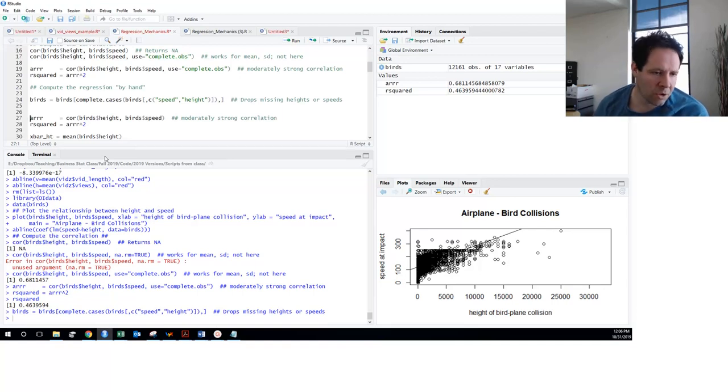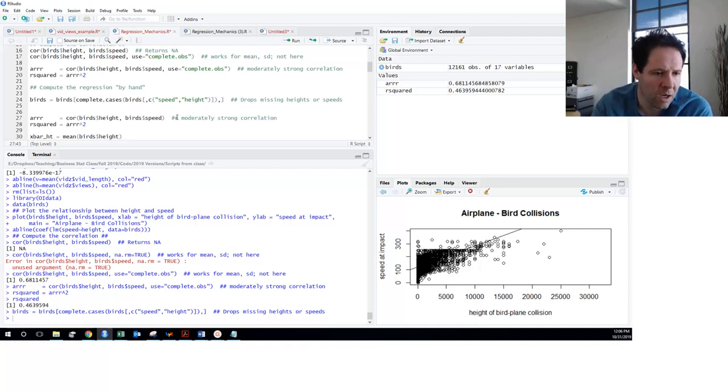Sometimes you just didn't know when the bird hit. You just saw the dent and the evidence that there was a collision, and so it still needed to be reported to the data set. That actually seems to happen fairly frequently. But for the observations for which we have information about this relationship between speed and height, let's compute this regression line.